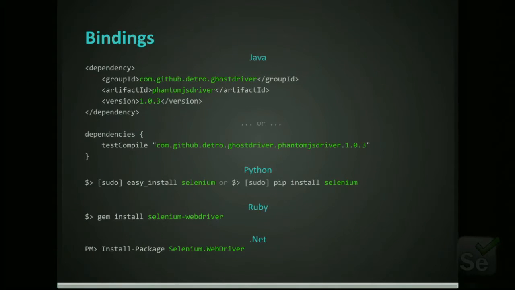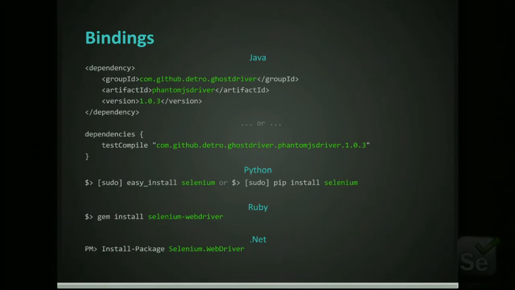Once you have your executable installed in your system, if you're developing a Java project, most of the time what you will use is either Maven or now Gradle is becoming pretty popular. And you include it directly, just declaring the dependency. The latest stable version is always on Maven Central.